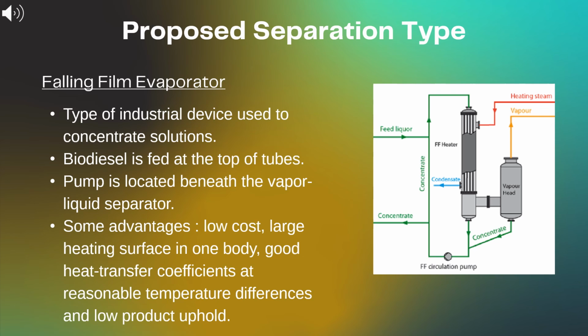The liquid is allowed to flow as a film down the inner wall of the tubes. The solvent vaporizes and the concentration progressively increases as the liquid passes through the tubes. At the bottom of the tube, vapor and liquid are normally separated and the thick liquor is extracted. A pump located beneath the vapor-liquid separator circulates evaporator liquid through the tubes.